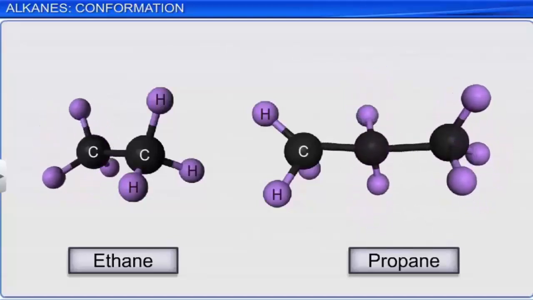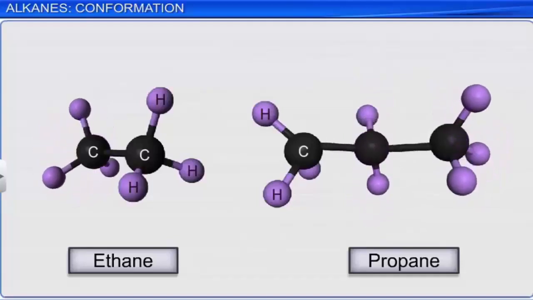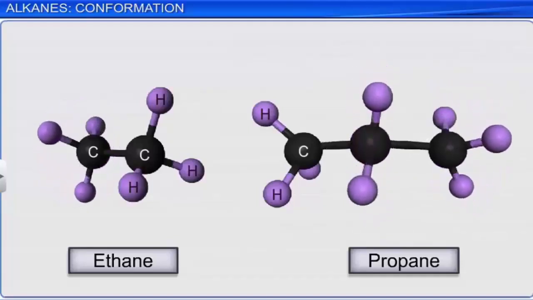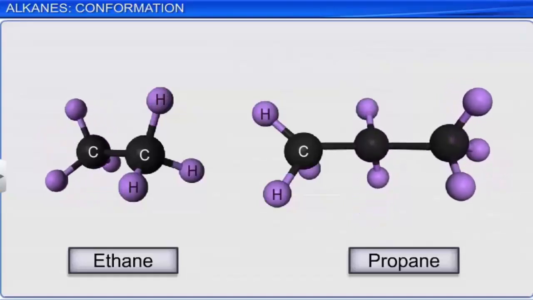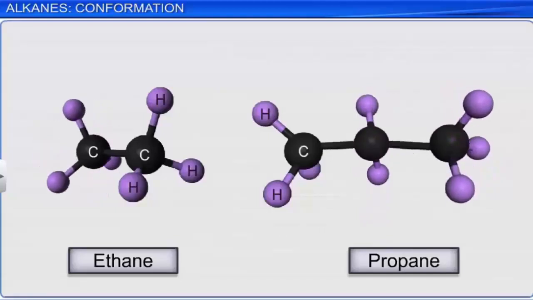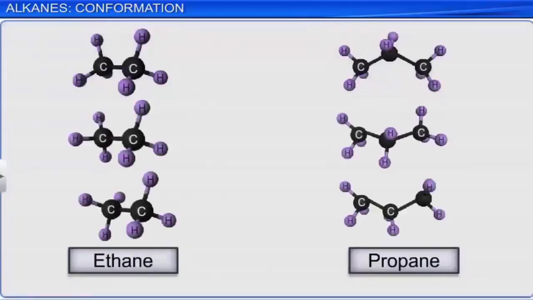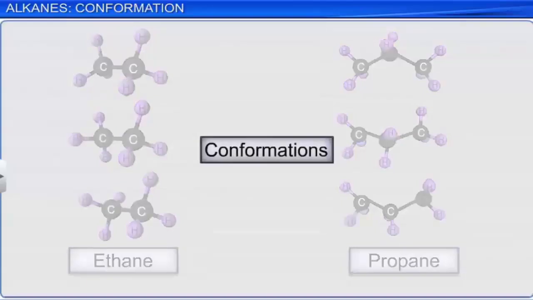Due to this, the shape of an alkane molecule can be twisted into different three-dimensional arrangements by rotation about the carbon-to-carbon single bond or bonds. These different three-dimensional arrangements are interchangeable and are called conformations.